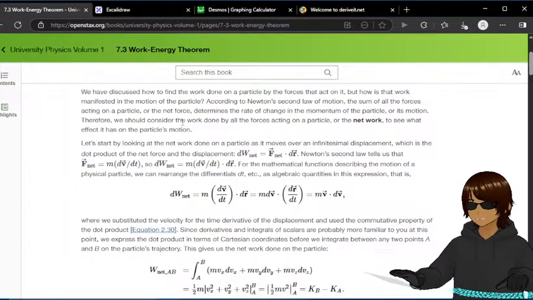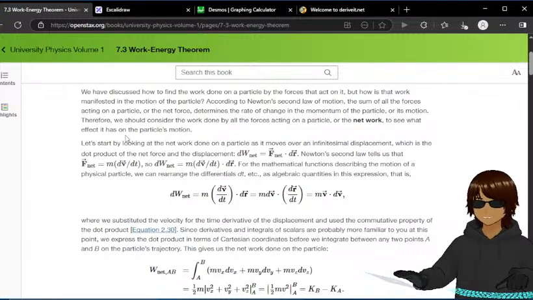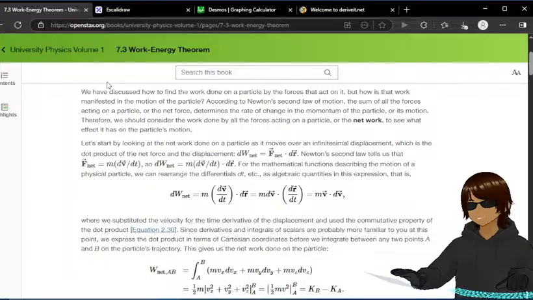Let's start by looking at the net work done on a particle as it moves over an infinitesimal displacement, which is the dot product of the net force and displacement. Newton's second law tells us that F net is equal to m times acceleration, and the work done is m times the acceleration times the displacement.